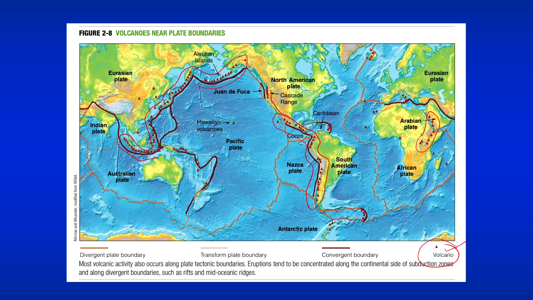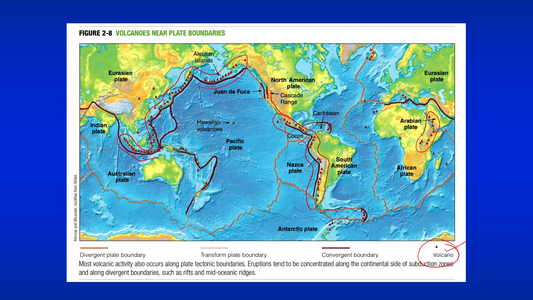On this planet, there are prominent active volcanoes in South America, North America, the Aleutian Islands, Japan, and the Indonesian side.